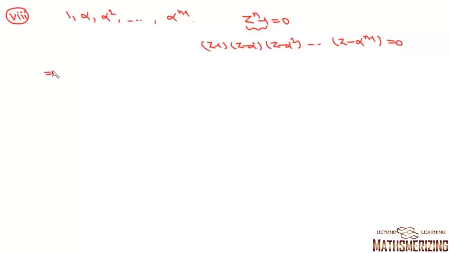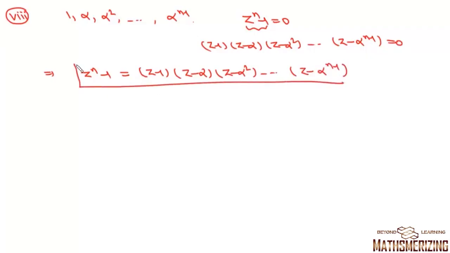So from here we'll get this identity that z to the power n minus 1 will be equal to z minus 1, z minus alpha, z minus alpha square, up to z minus alpha to the power n minus 1.